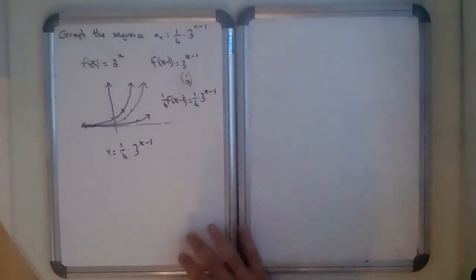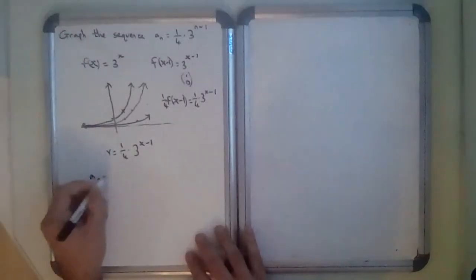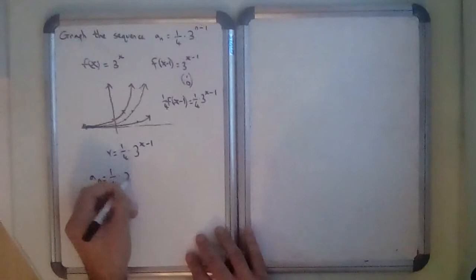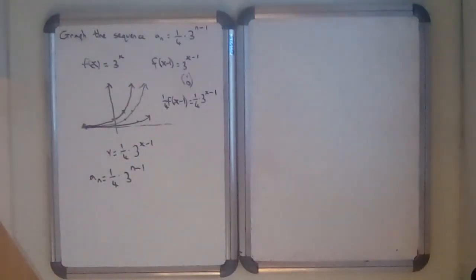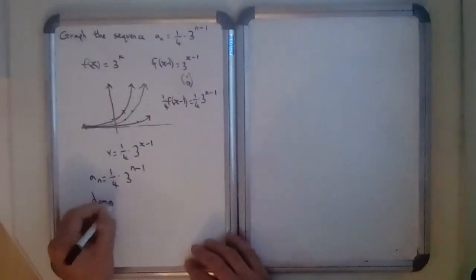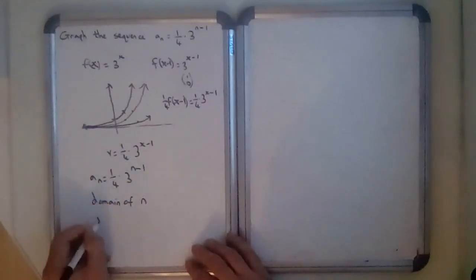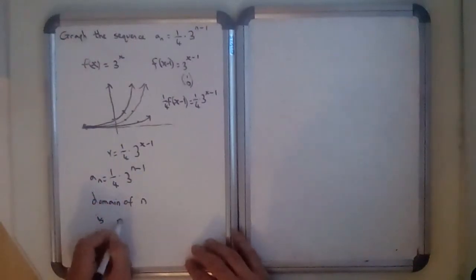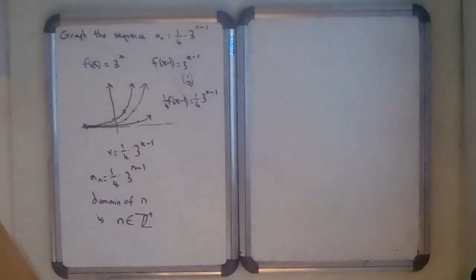Now, we have been asked to graph the sequence a_n equals a quarter times 3 to the n minus 1. The difference between a sequence and a graph is the domain of n. Basically n needs to be a positive integer only, because n is the term number.